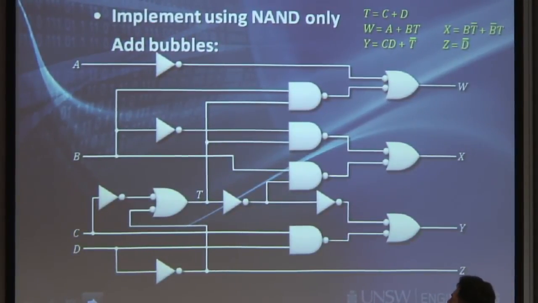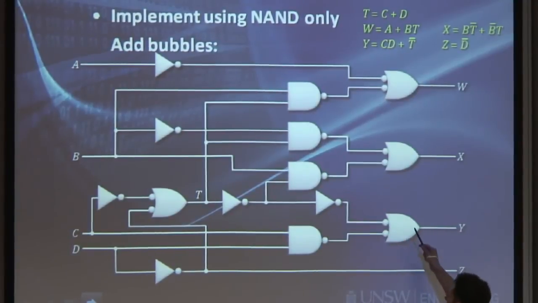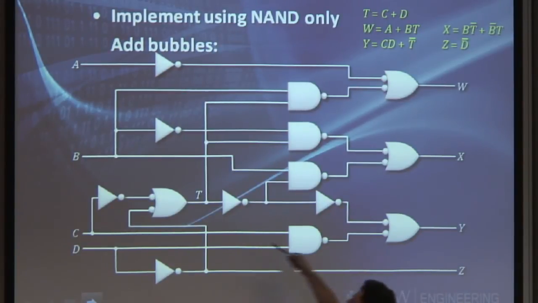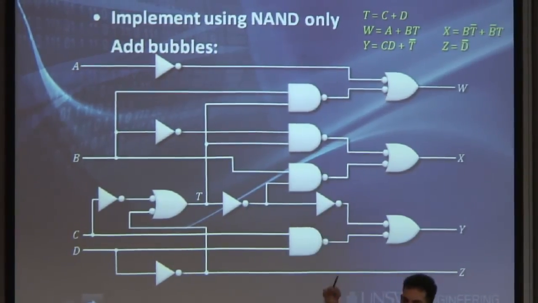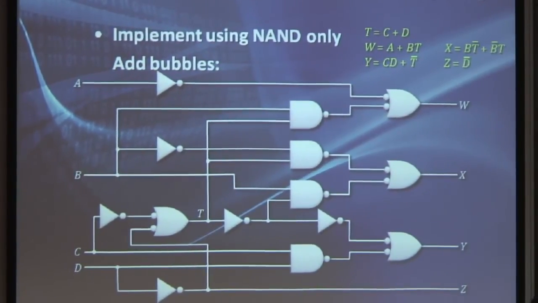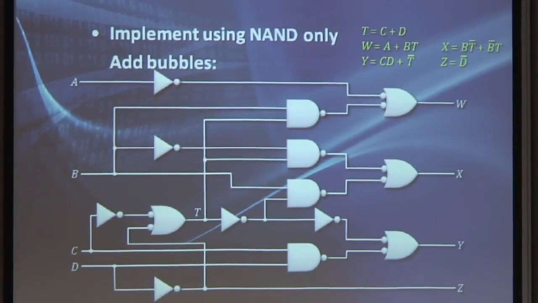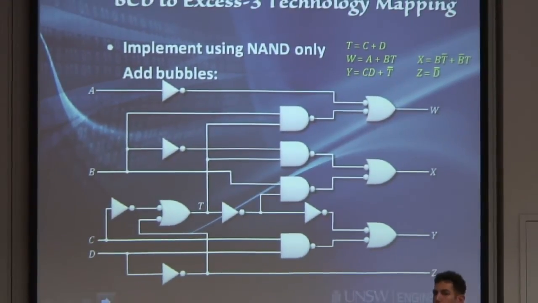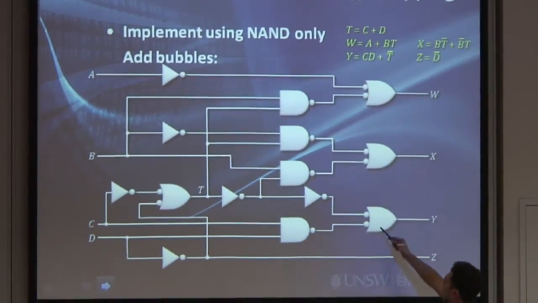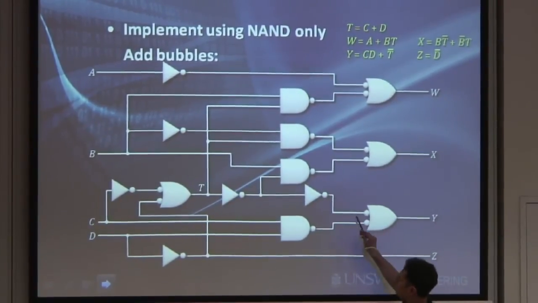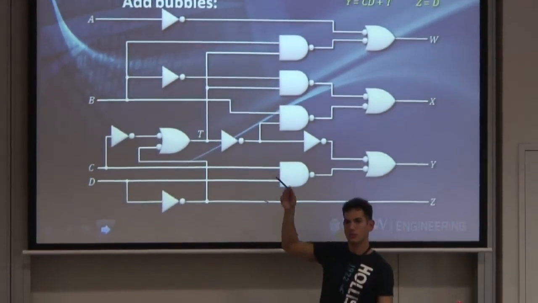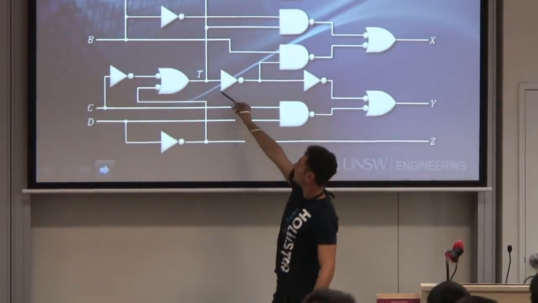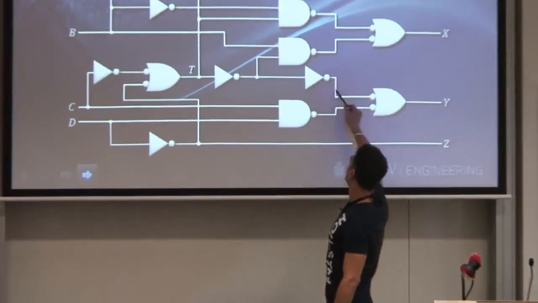Now all the places where the ORs are now have their inputs inverted. I can just convert all of these ones into NAND gates. The AND gates only turn into NAND gates. And the only thing that I want to show you now is this one here. I'm taking a signal, I'm inverting it, and then I'm inverting it again.